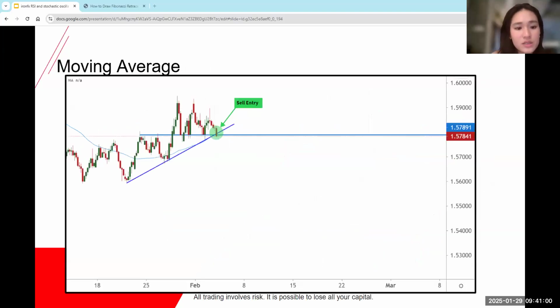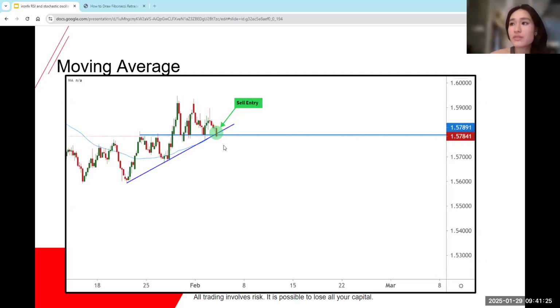Okay, so moving average, you can see in this example, price is moving in this ascending trend line, but it's starting to break out of it and out of this resistance level as well.